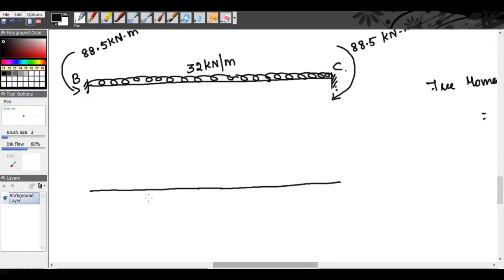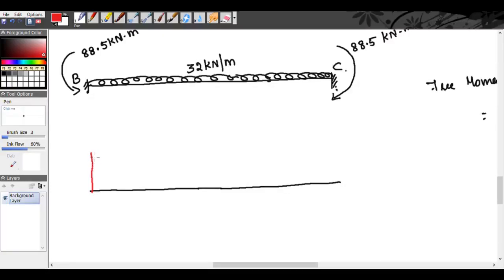So now, consider the joint B and C. Here we have the negative bending moment. While we are drawing this anti-clockwise or negative moment, it will point towards the top, right? So this is negative.